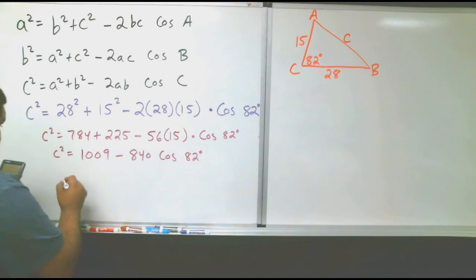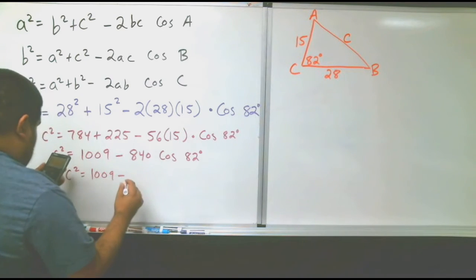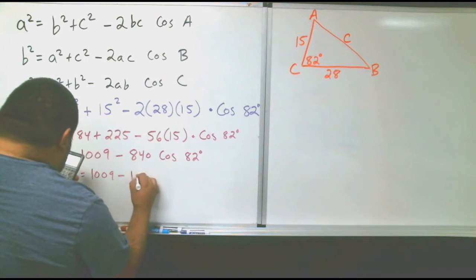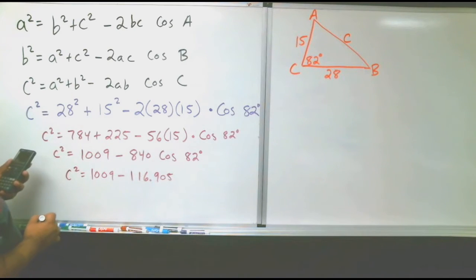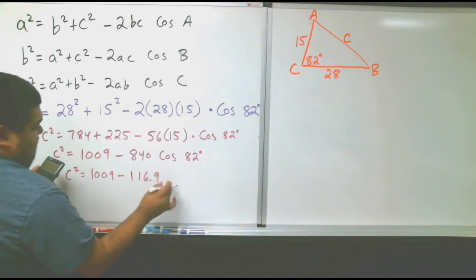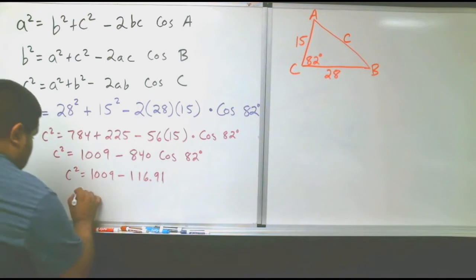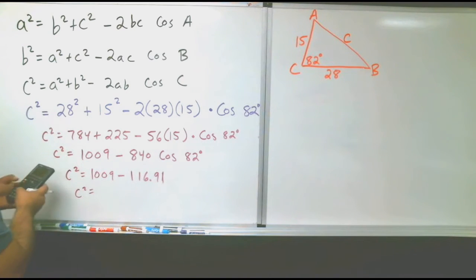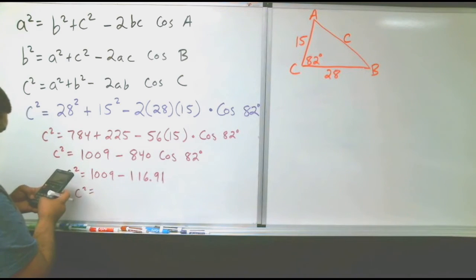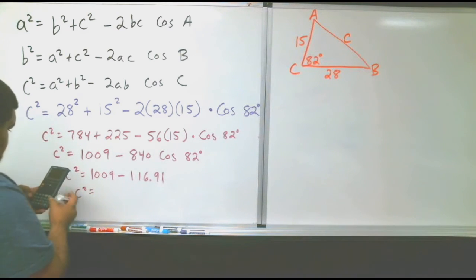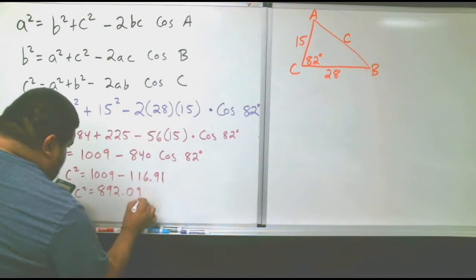which gives us c squared equals 1009 minus 116.905, which technically the 5 becomes a 1. We round it. So now we have c squared equals 1009 minus 116.91, which equals 892.09.